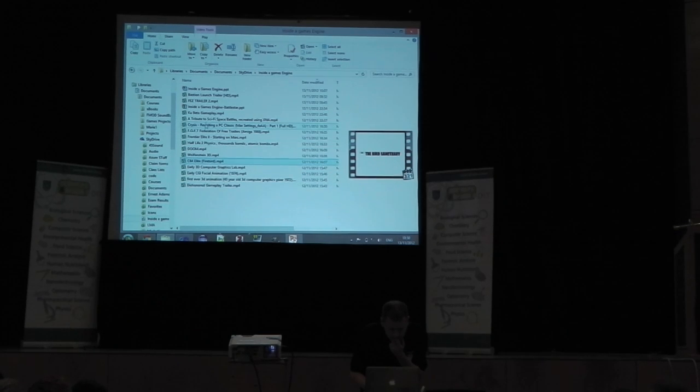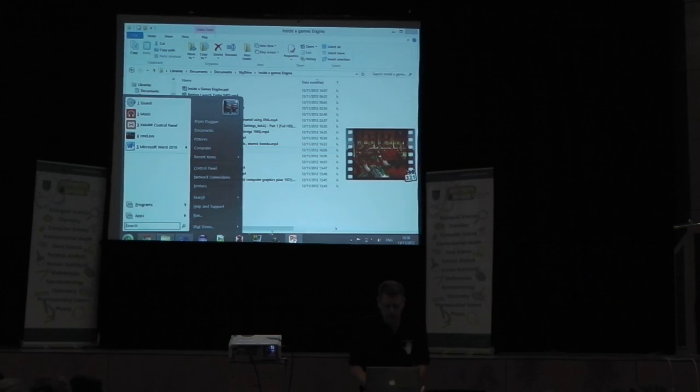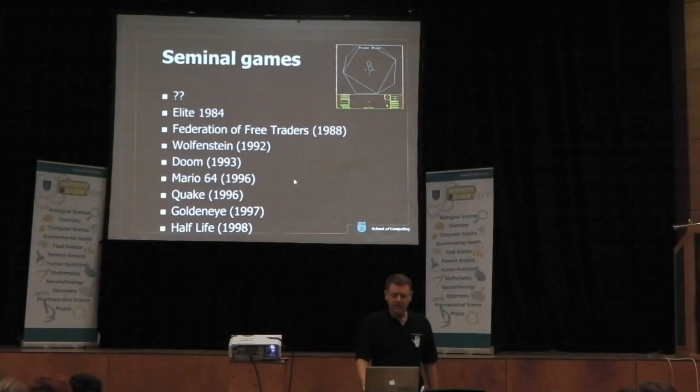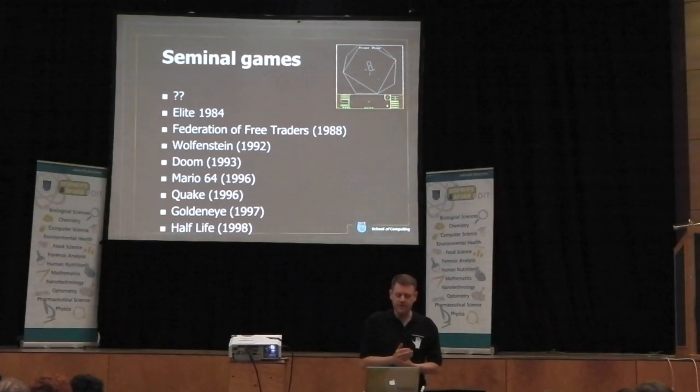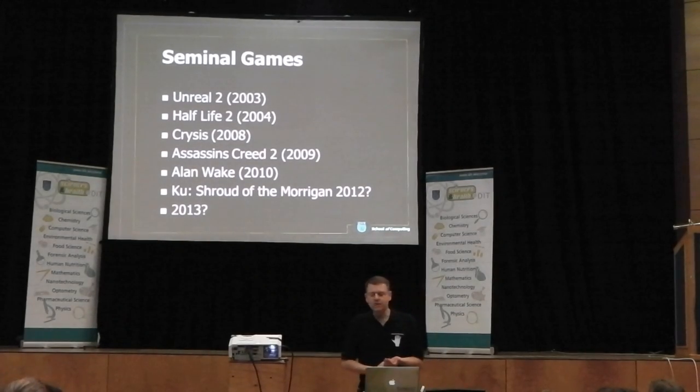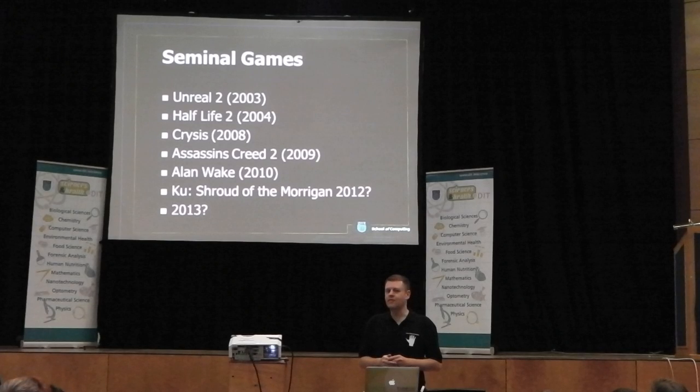Where's Quake? Well, that's okay, we'll have to move forward. Alright, then GoldenEye, and then the very first Half-Life game in 1998. And Unreal 2 was the last sort of heavy 3D graphics game in 2003.